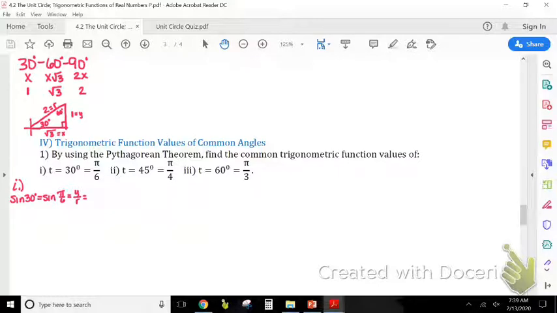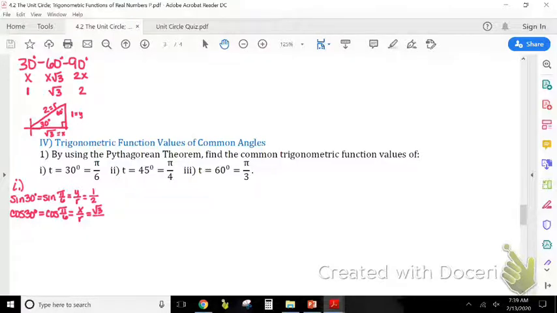So looking at that triangle I just drew up there, what is my y? 1. And what is my r? 2. Then we can do cosine of 30 degrees, which is the same as cosine of pi over 6. What is cosine in terms of x, y, and r? x over r. What is x? Square root of 3.